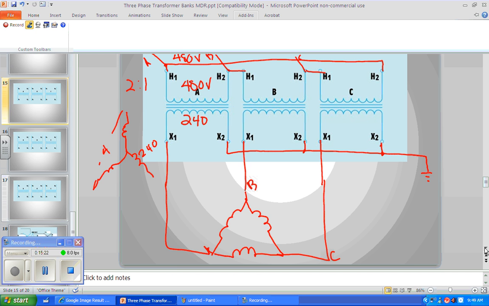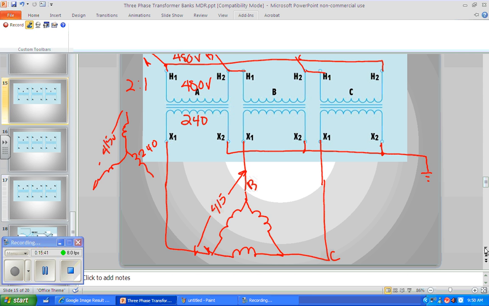Thank you. Okay, so that means that we have 415 volts on the load. Is that correct?